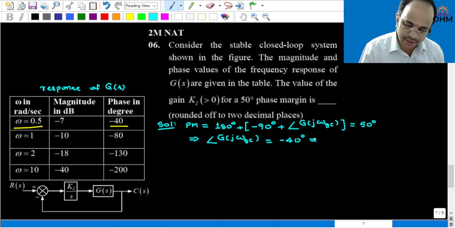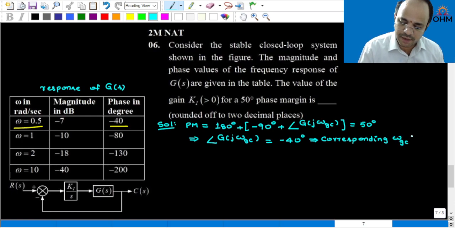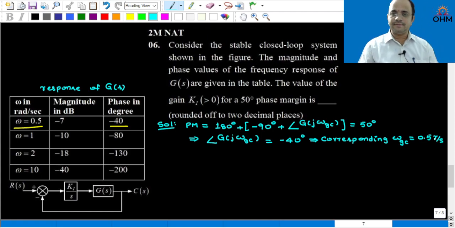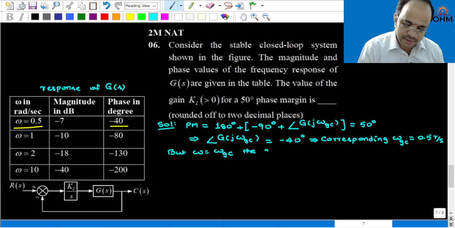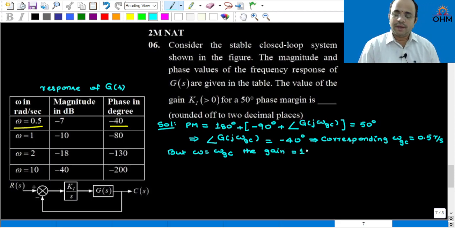radian per second. And that omega is called the gain crossover frequency, 0.5 radian per second. Now, what is the definition? At omega equal to omega GC, the gain of the forward transfer function is equal to 1 in absolute values.